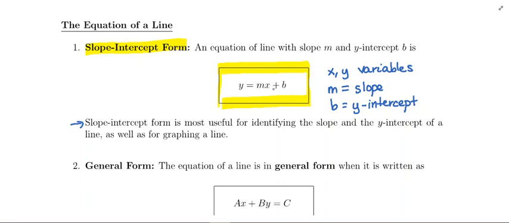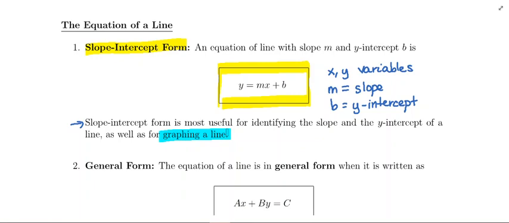Another important use of this particular equation is for graphing a line. Here's why. If you are given your line in y equals mx plus b form, the first thing you can identify is the y-intercept, and then you can plot that y-intercept on the graph.